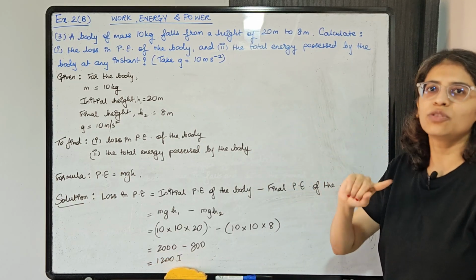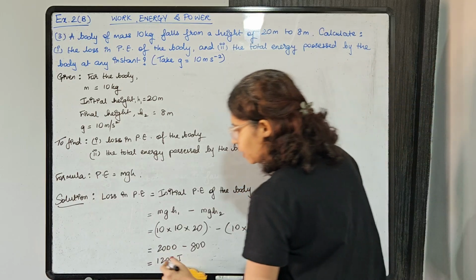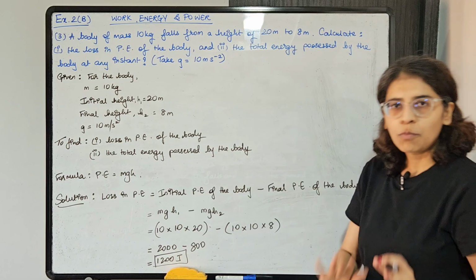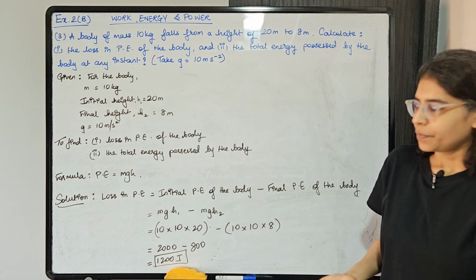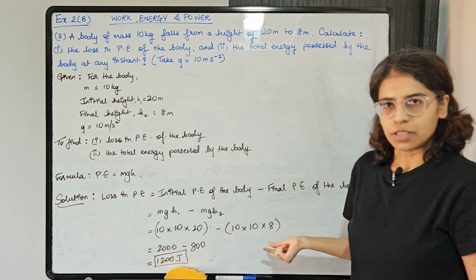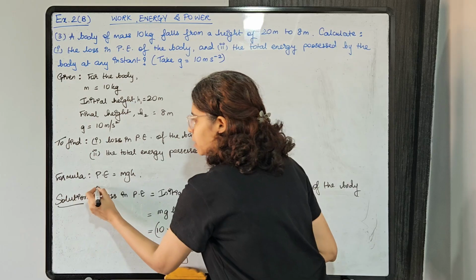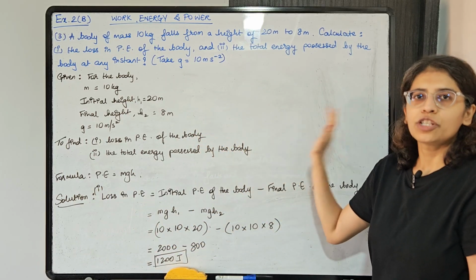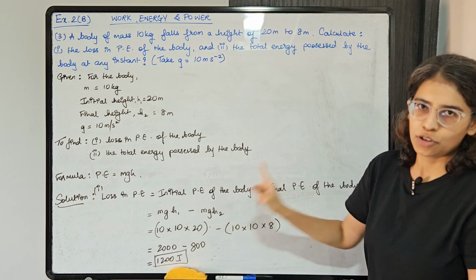The unit of energy is joules. So 1200 joule, loss in potential energy is 1200 joule. Box or underline the answer and add a statement after this. Okay, first part's answer is done. Add a statement. The loss in potential energy of the body is 1200 joules.